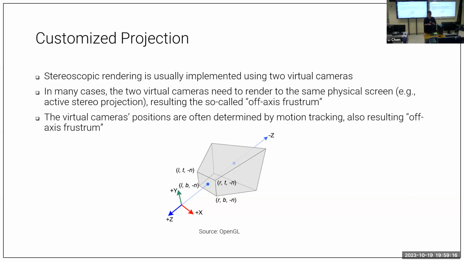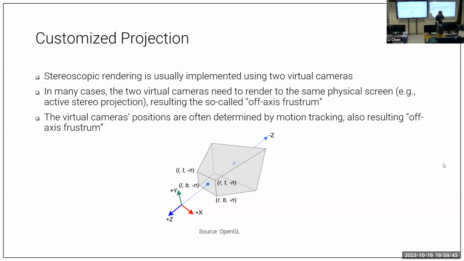The only thing we need to do is to track the user's head, right? But for an ordinary monitor, of course, we cannot track the user's head, so we always make the assumption that people will look at the screen from the center at a fixed distance. So that's why the default projection matrix or the projection frustum will always be symmetric.